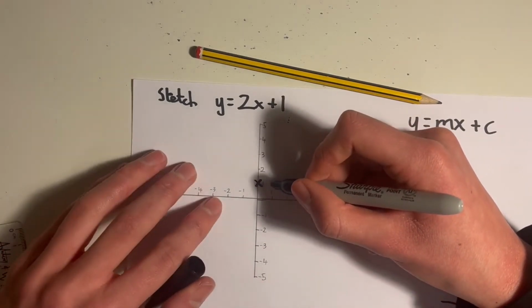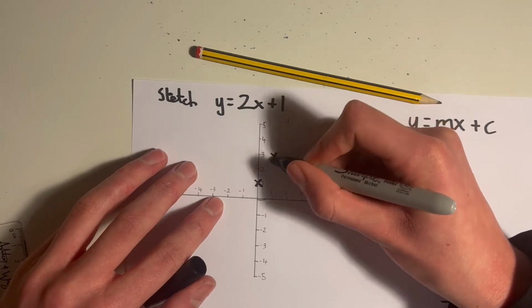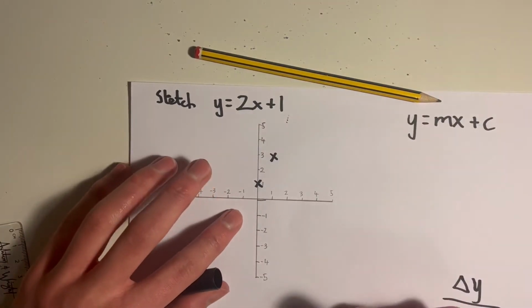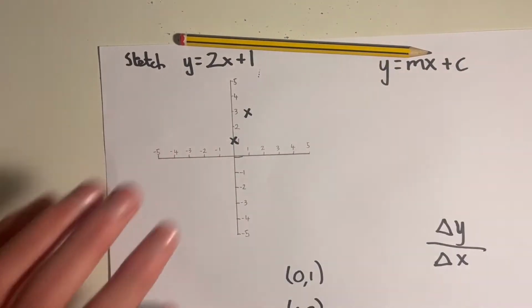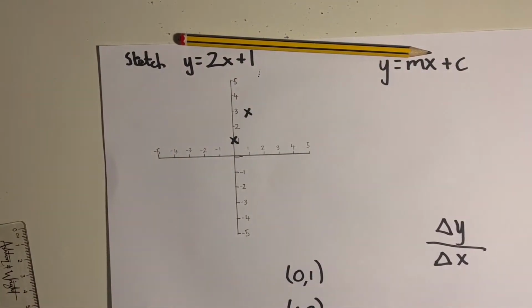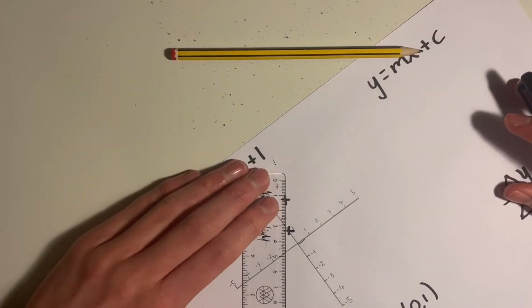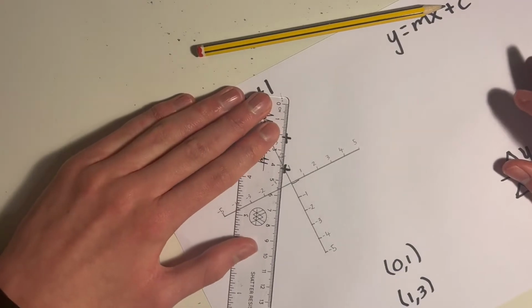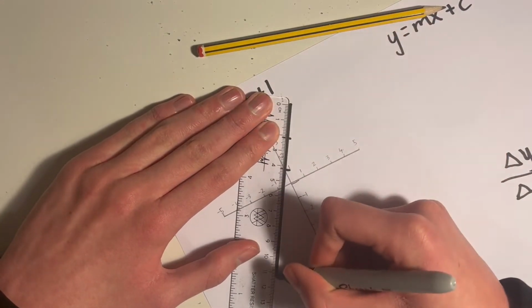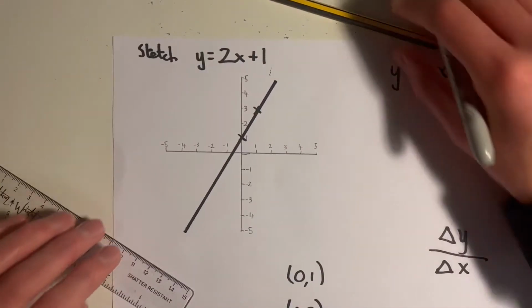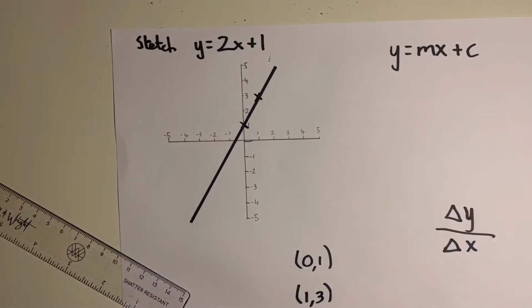So this will go across by 1 and then go up by 2 to the coordinates 1, 3. So now we've got 2 points. The great thing about sketching straight line graphs is you only need 2 points, and then you just put a line through both of them. So we line up our ruler so it goes through both points, and then draw a big old line through them. And that is the graph y equals 2x plus 1.